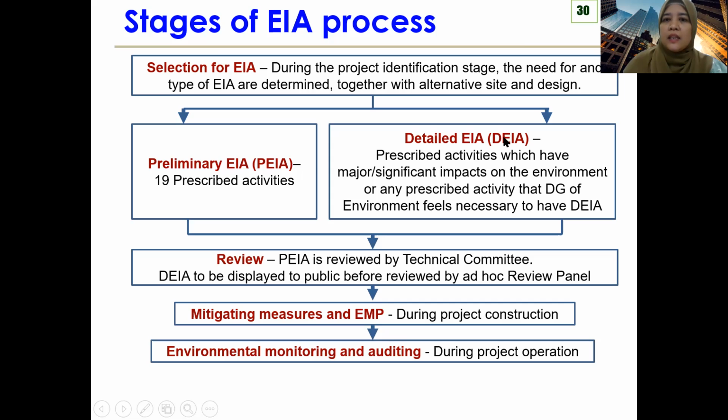Then the detailed EIA: if the prescribed activities have major or significant impacts on the environment, or any prescribed activity that the Director General of Environment feels necessary to have DEIA, then you must do DEIA. But if it's only under the 19 prescribed activities, you just do the preliminary EIA, the lighter one.